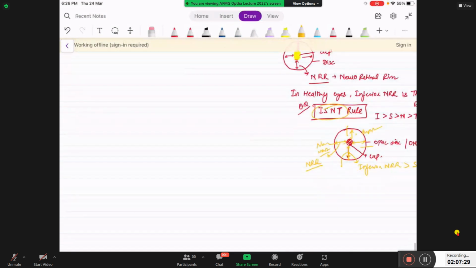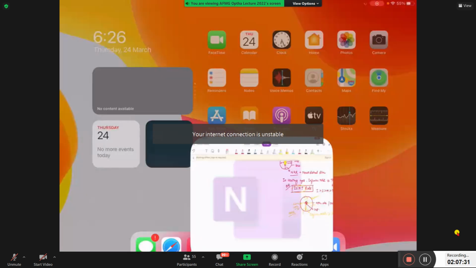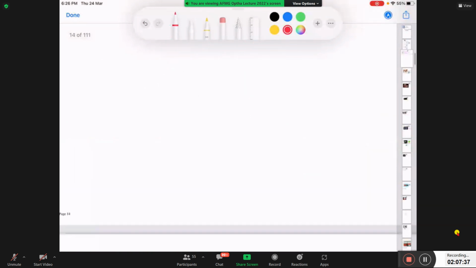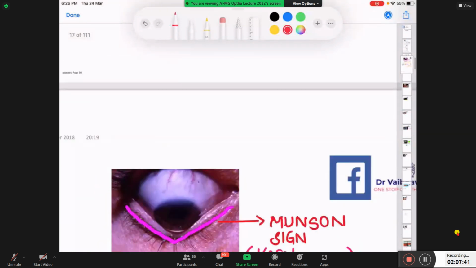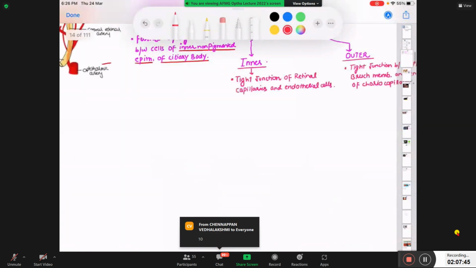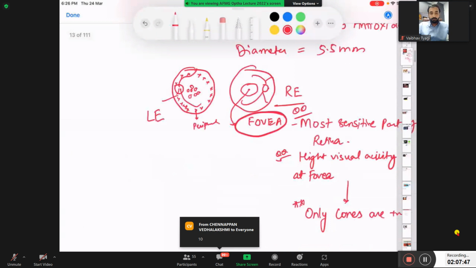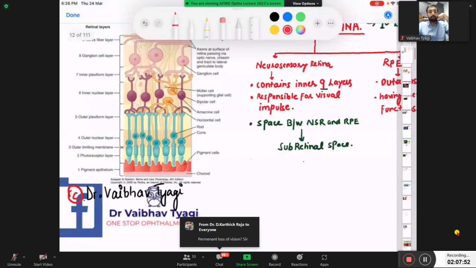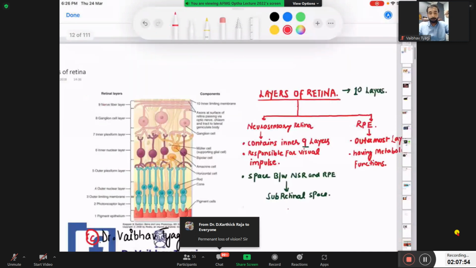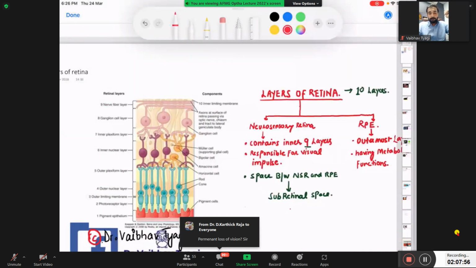Any idea how many layers there are? In the cornea there were 6 layers, whereas in the retina there are 10 layers. 10 layers. No, 9 in retina? No. 10 layers are there in the retina.